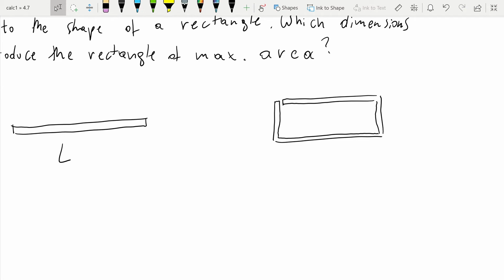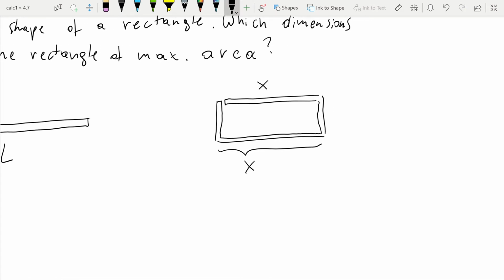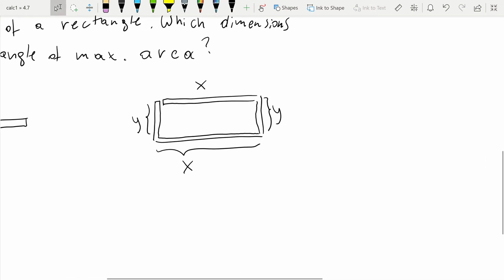So let's give ourselves some variables here. We're going to call this side x. If this side is x, that means that the other side is also x. And if this side is y, well, we know that the total perimeter is L. So we're going to give ourselves the variable x.